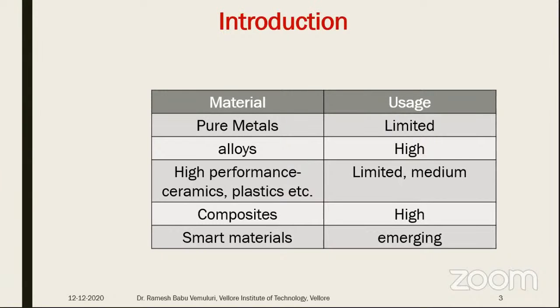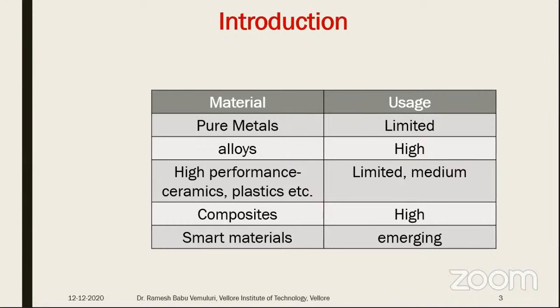Then next is composite materials. When compared with metals, due to their specific properties, they have very high applications, and with less weight we can get more strength and stiffness. That's why we went with composites, which occupied a lot of space.